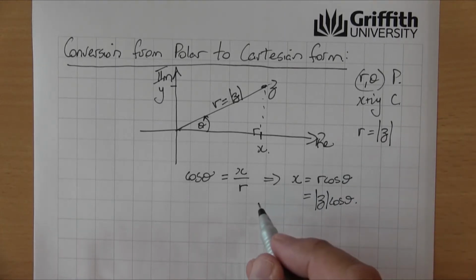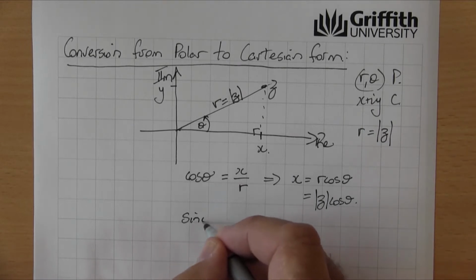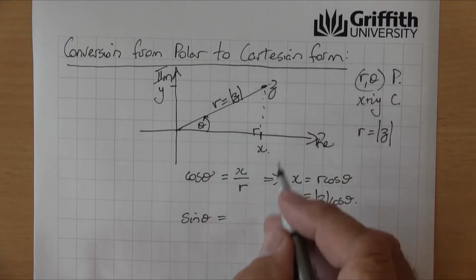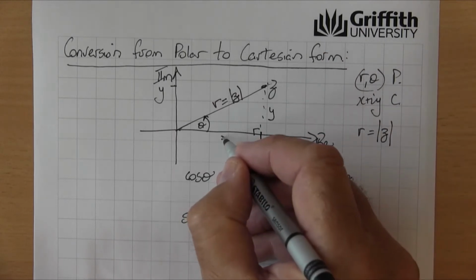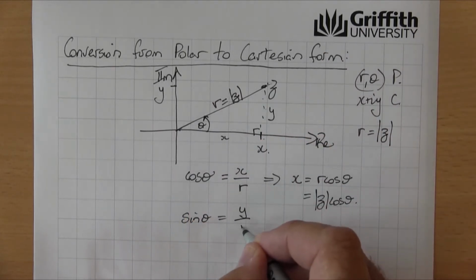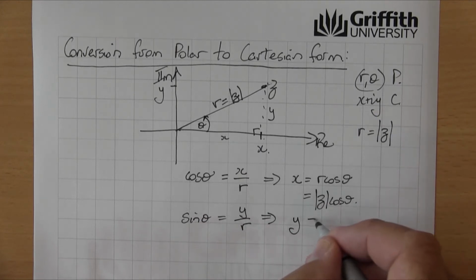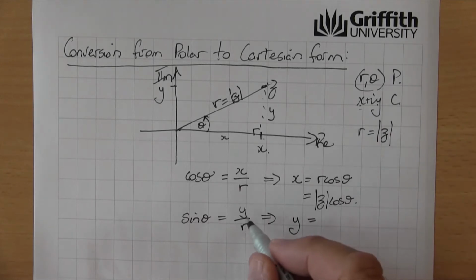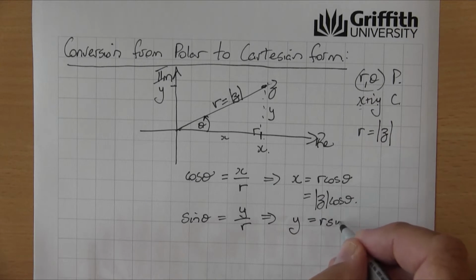And we also know that the sine of theta is opposite over hypotenuse, so this is the same as y over r. So my y value, which is what we're trying to come up with to make it into Cartesian form, multiply both sides by r, and we get r sine theta.